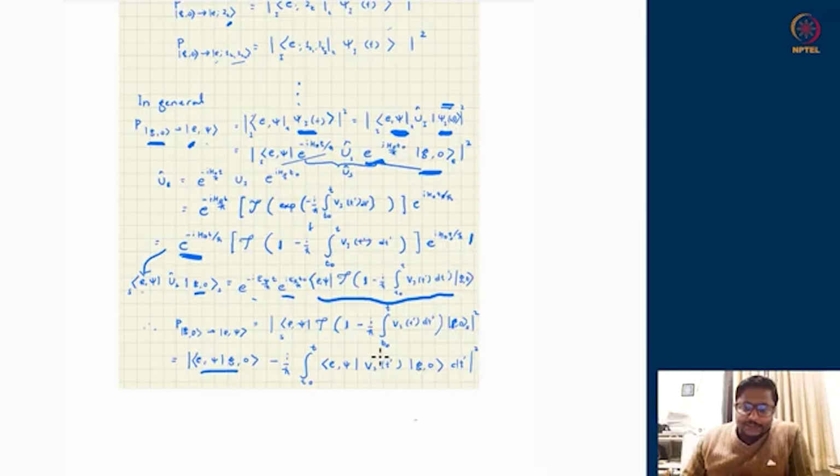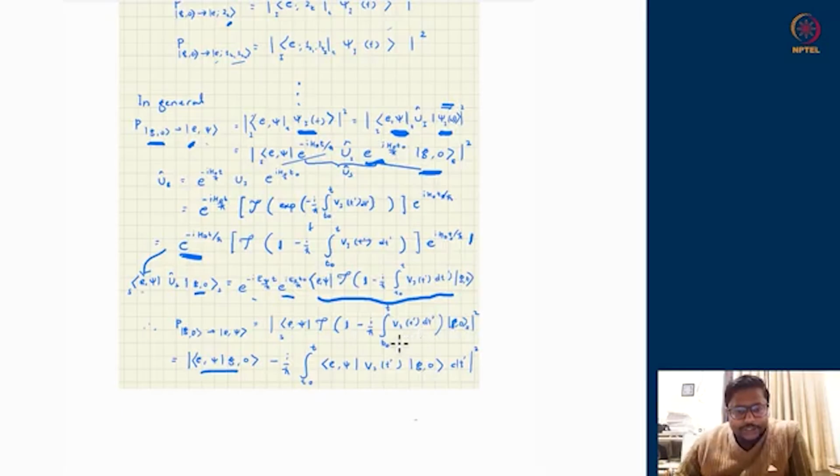The second term is the first integral of V I t prime from t naught to t. Now this is a single integral, and time ordering of a single integral does not do anything. Time ordering matters only from the second integral onwards. So the time ordered first two terms of the expansion are the terms themselves.